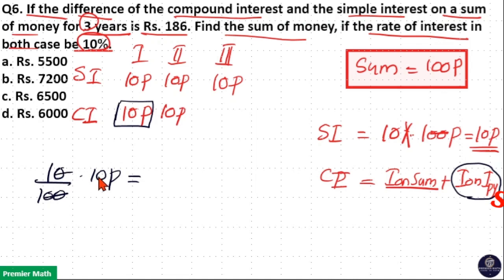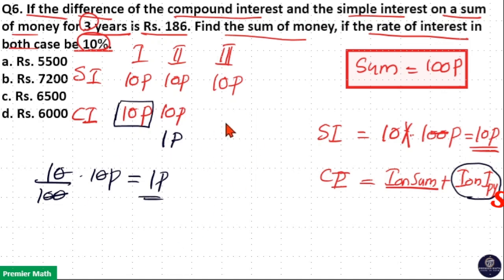So 00 get cancelled. Remaining is 1 into 1 part. So I will receive 1 part extra in the second year as interest. Now for the first year I received 10 parts as interest. For the second year I received 11 parts. But here you can see for simple interest I only receive 10 parts. So interest vary every year.